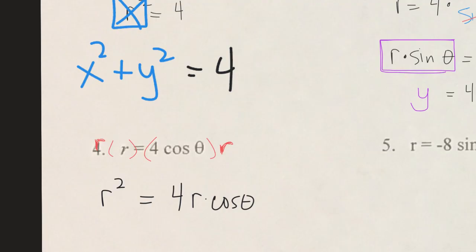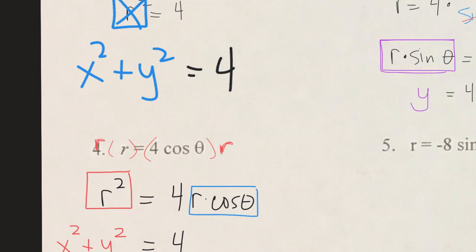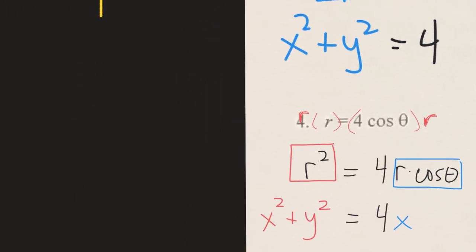So what two things can I replace now? R squared with x squared plus y squared. And I can replace r cosine with x. So I get x squared plus y squared equals 4x.